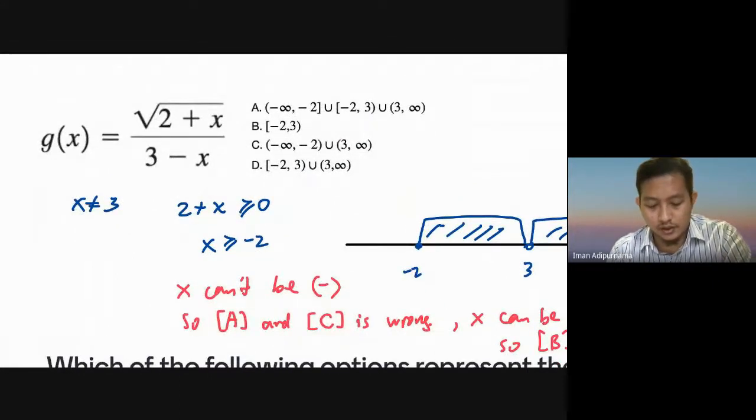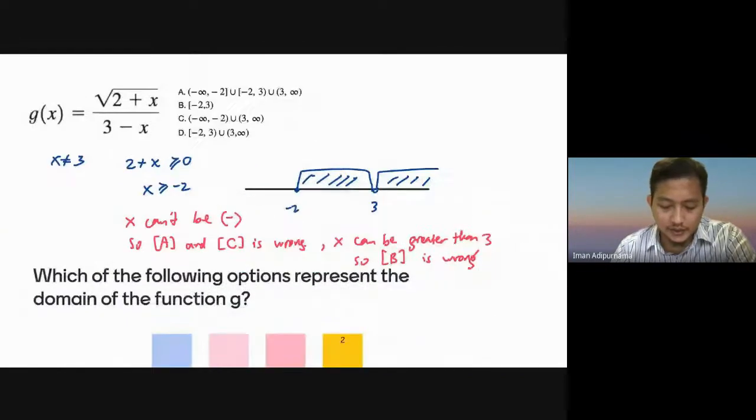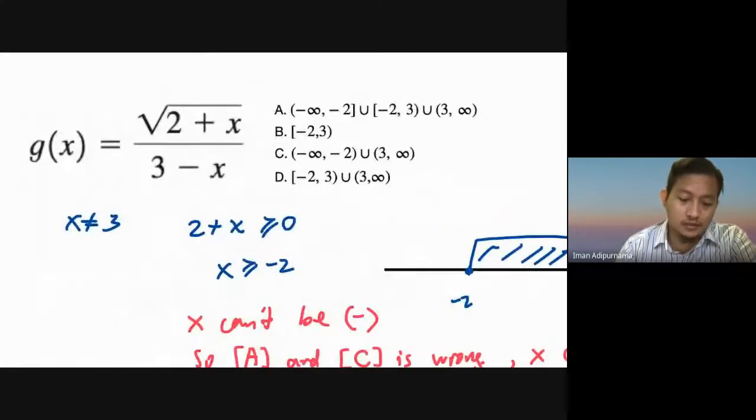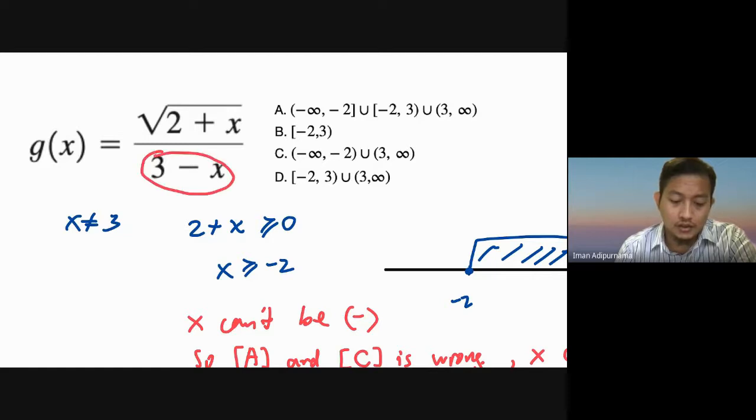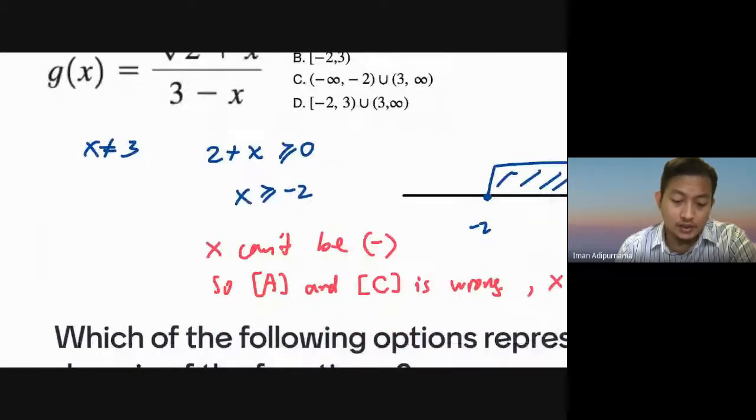Next, asking about the domain. For this case, what should we write about the domain? First, look at the denominator, 3 minus x. We don't want this denominator to be 0.